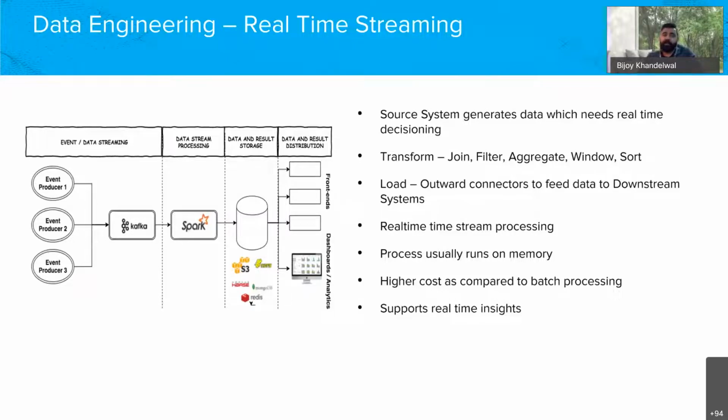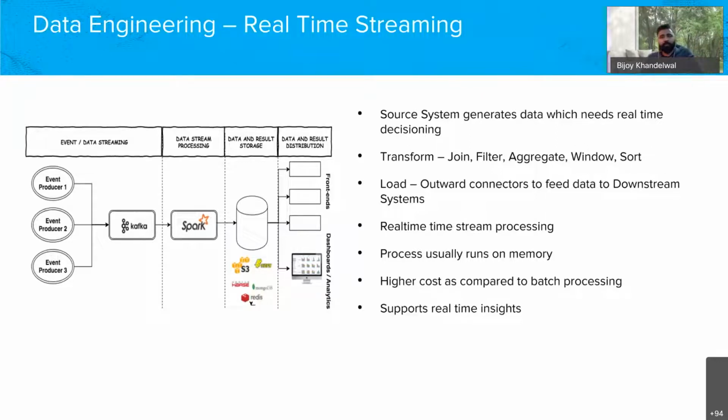Again, it uses memory, so it's fast. It has the capability to receive a stream, process it within seconds or milliseconds, and push it to data storage. Now, on the storage part, again, you can use a storage which has faster output and can be queried faster, maybe an Elasticsearch or maybe an HBase, on which ACID kind of transaction is possible.